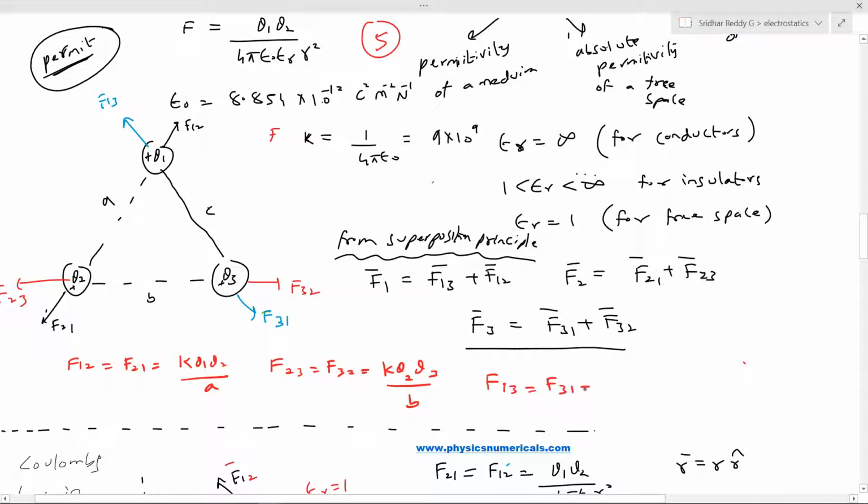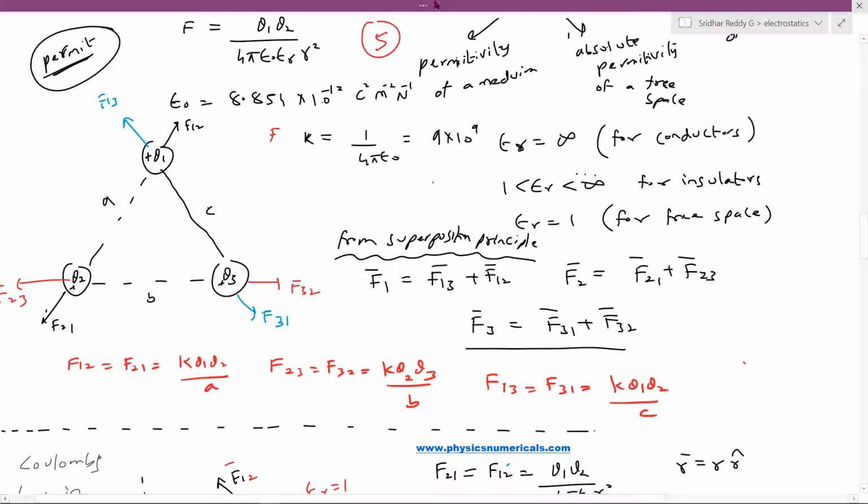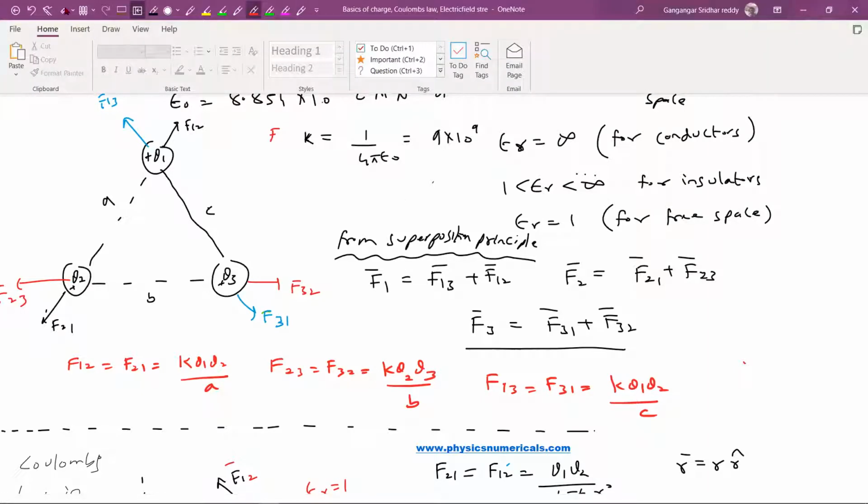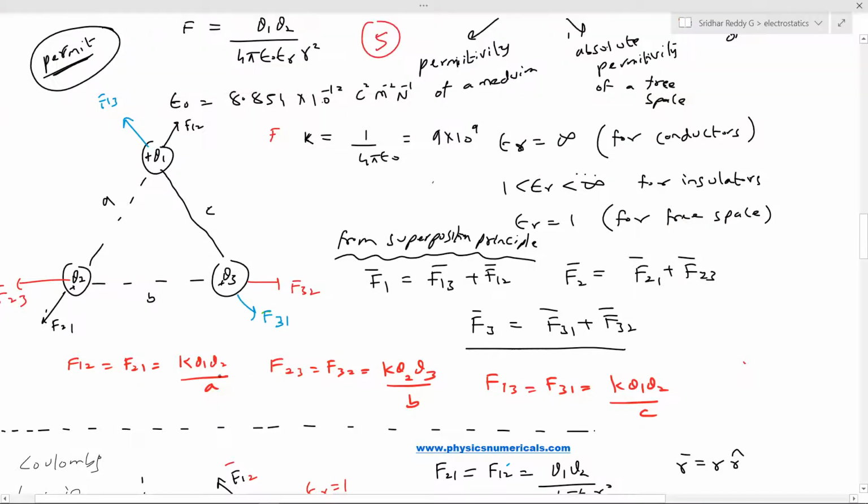F13 equal to F31 equal to KQ1Q3 over R squared. The force of interaction between the charges 1 and 2 is independent of Q3. Nowhere is Q3 there in this equation, you see.